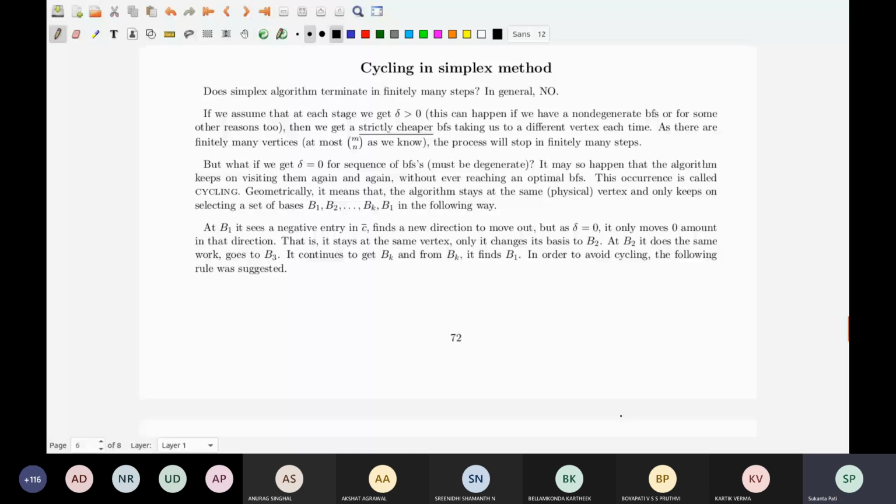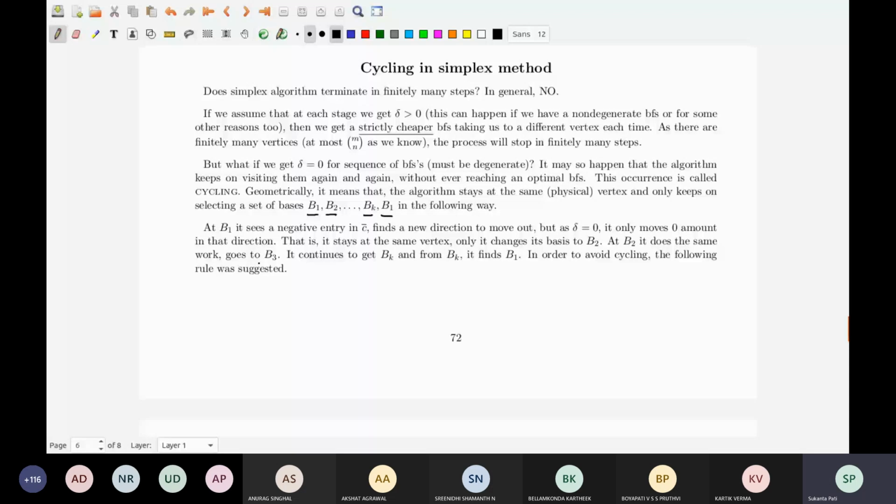It may so happen that first it will have a basis B1, then it will move to B2, then likewise to BK, and then again it will come back to B1. So that is cycling. If that happens, you never know how long the computer will take, how many times it will cycle.